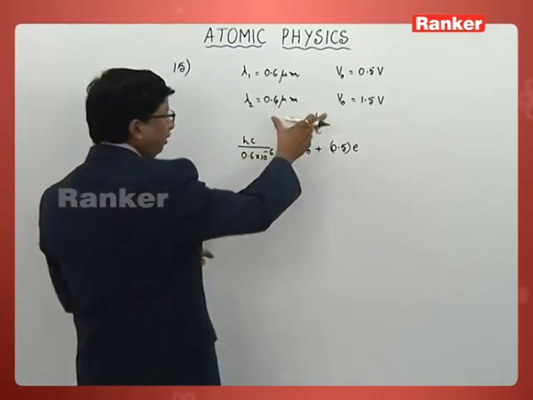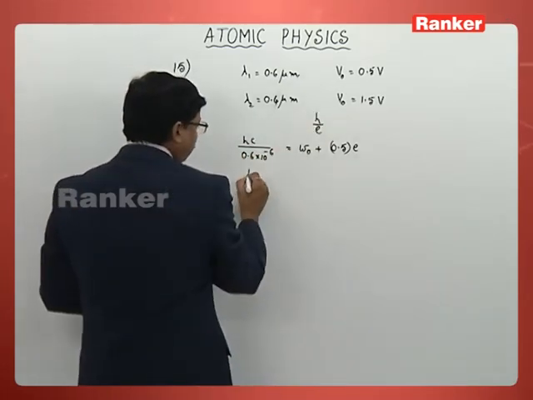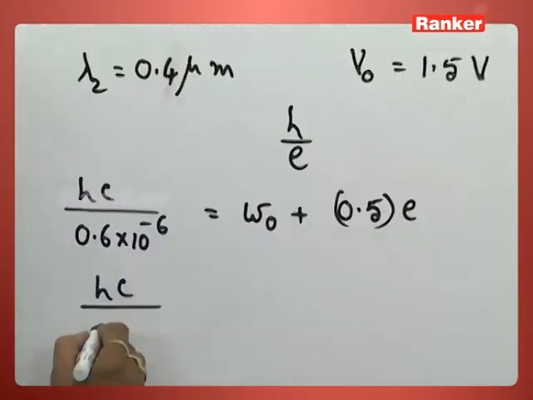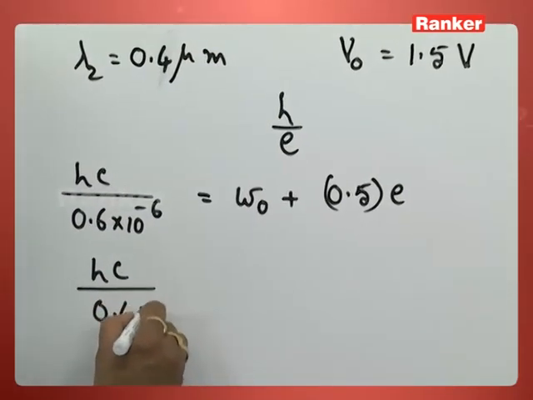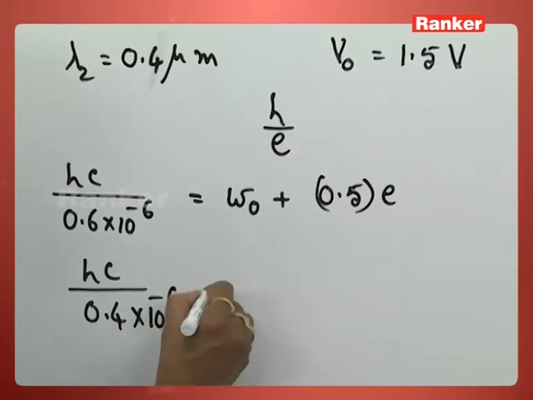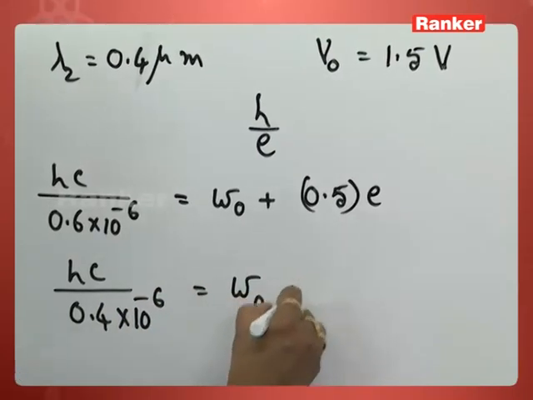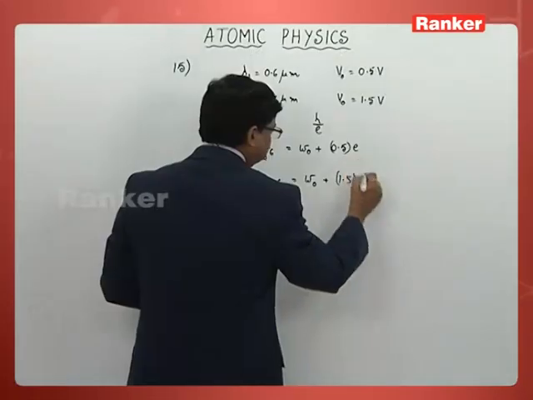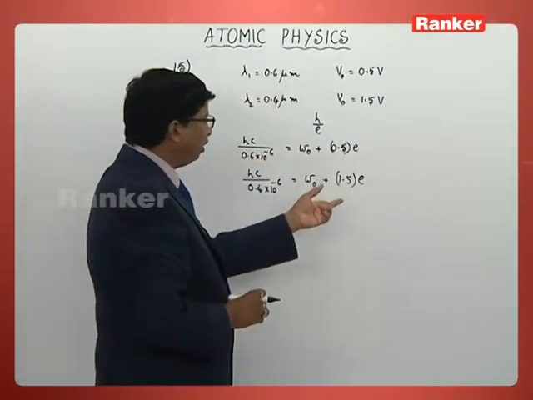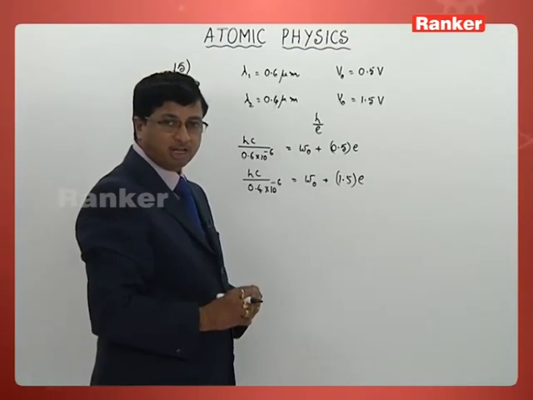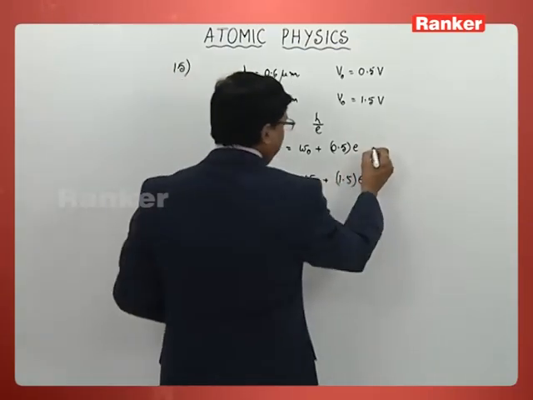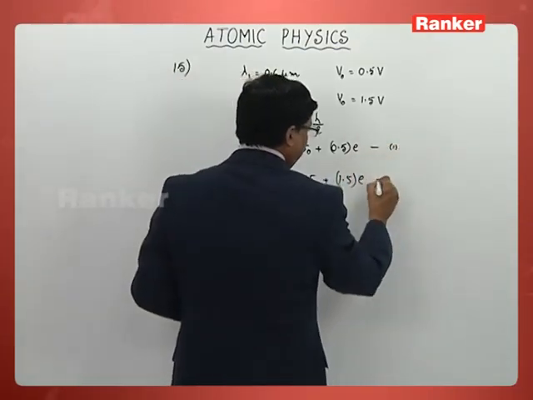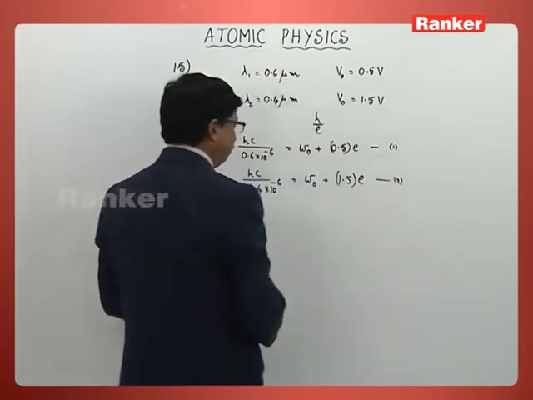And taking the second pair of values, hc by 0.4 into 10 to the power minus 6 is equal to W naught plus 1.5 e, that is eV naught. Now take this as the first equation and this as the second equation.